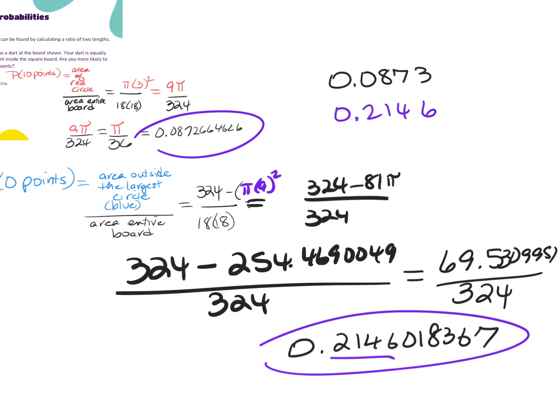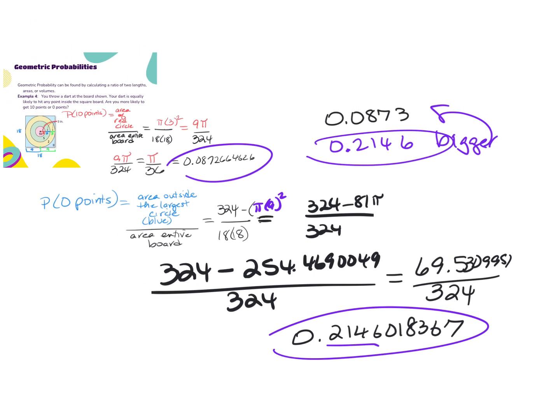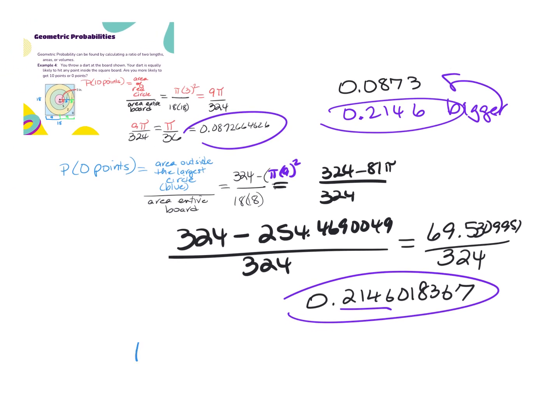And you can already see that the 0.2 is the bigger number. This one's bigger than this one. So you're more likely to get 0 points than the 10 points. So you're more likely because it's got the bigger probability.